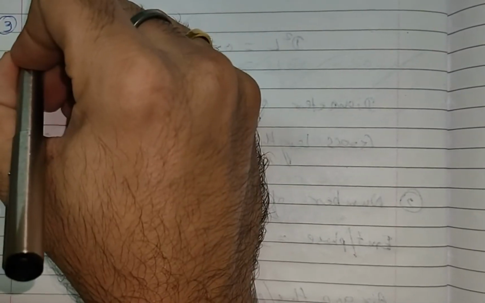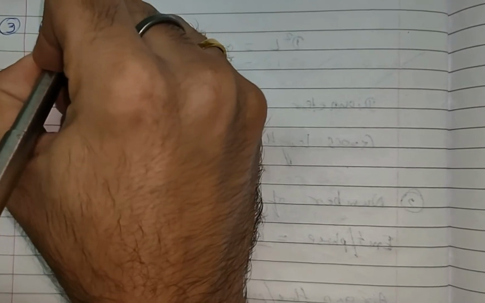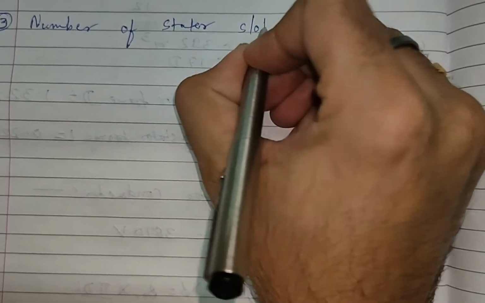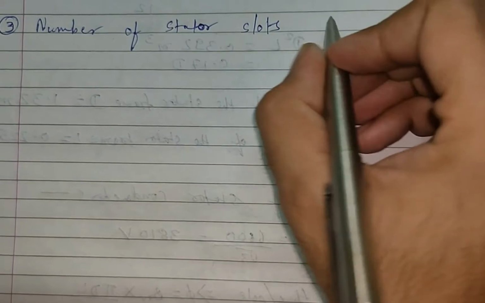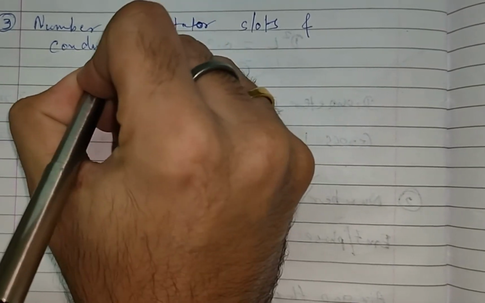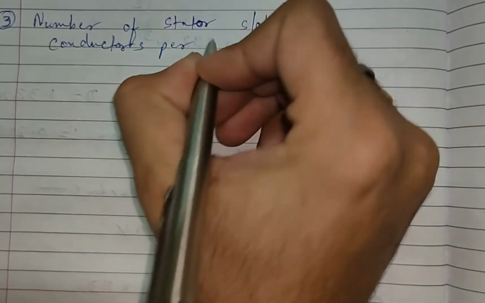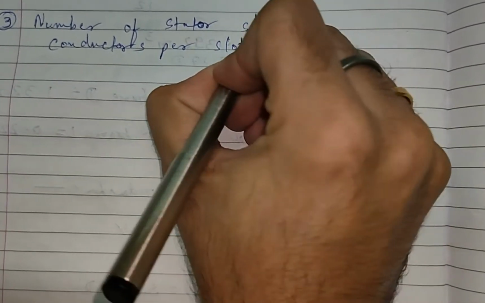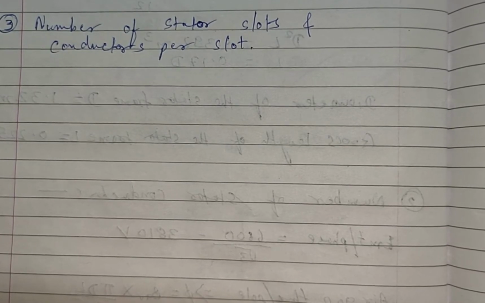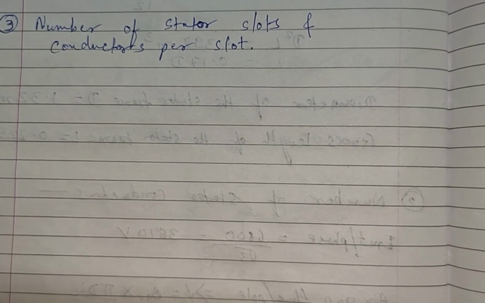So let us write down the number of stator slots and conductors per slot. Now the number of stator slots chosen affects not only the performance of the alternator but also the cost.